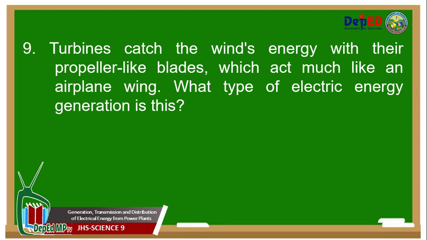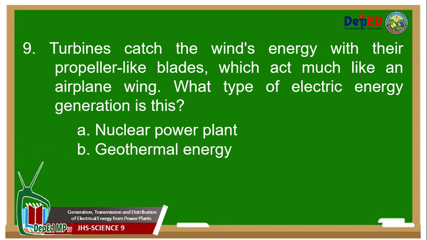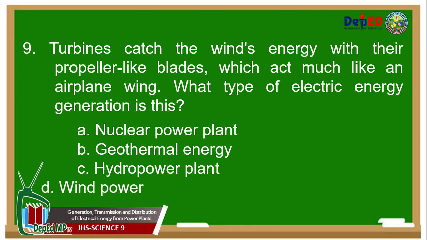Number 9. Turbines catch the wind's energy with their propeller-like blades, which act much like an airplane wing. What type of electric energy generation is this? A. Nuclear power plant. B. Geothermal energy. C. Hydropower plant. D. Wind power.